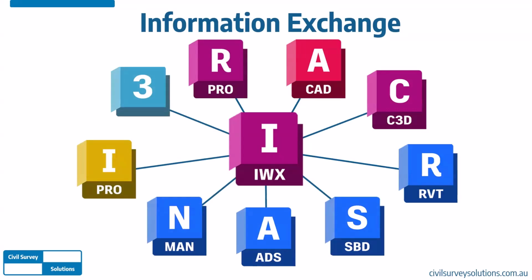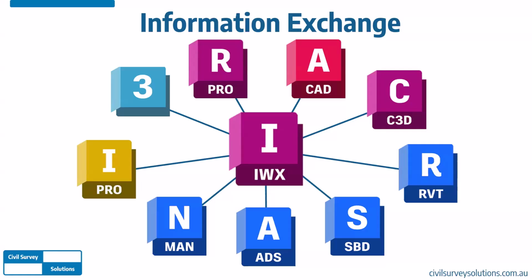These are just some of them, but they include things like Recap, AutoCAD, Civil 3D, Revit, Structural Bridge Design, Advanced Steel, Navisworks, Inventor, 3ds Max, and many more. These are just some of the common ones.